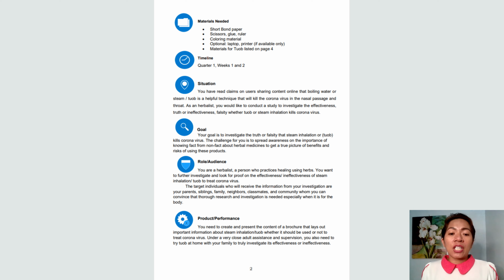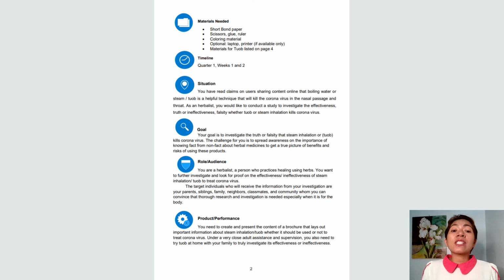So we have the goal, then we have the situation, and then we have the role or the audience, and then we have the products and performance, and then the standard, yung rubric. That's why GRASPS.